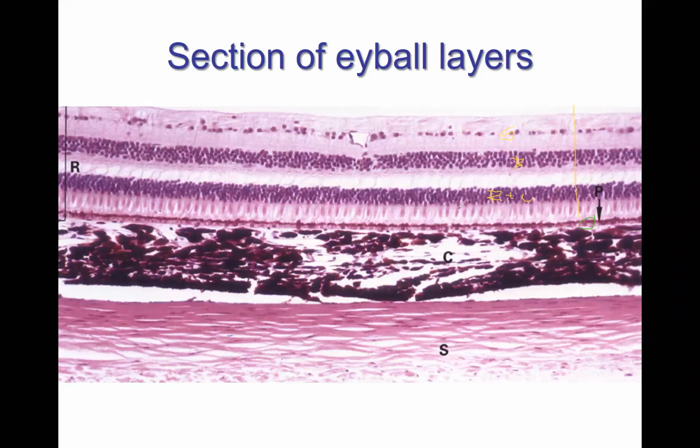Then this we call outer segments of rods and cones. And then these we call plexiform layers. And you can see that the plexiform layers contain dendrites of the deeper layer and axons of the deeper layer and dendrites of the superficial layer.